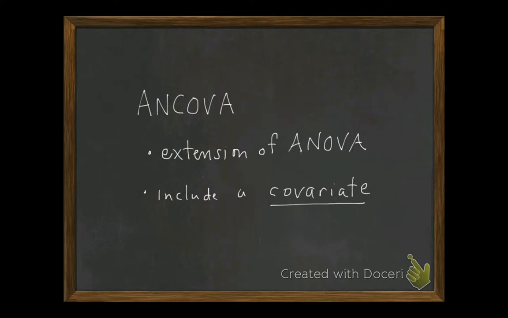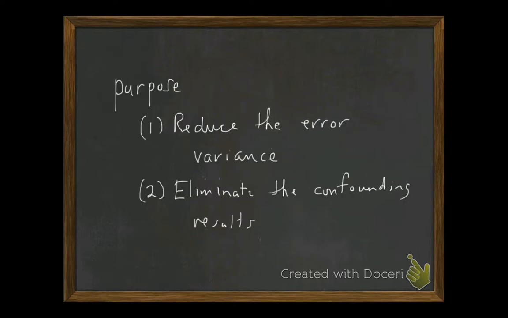The advantage of ANCOVA is it will reduce the error variance, or at least we should. If not, then the covariate had no effect, and we eliminate the confounding results.